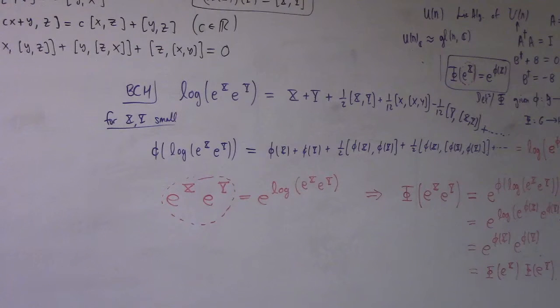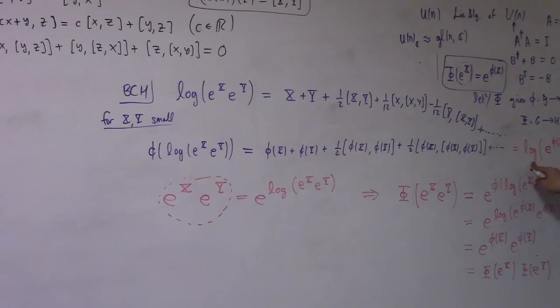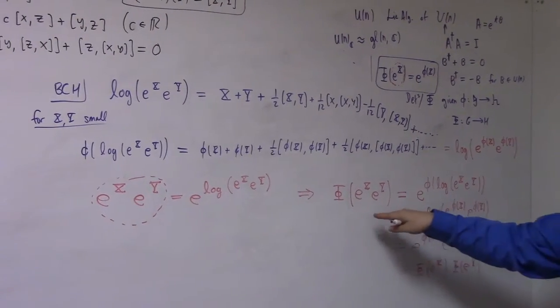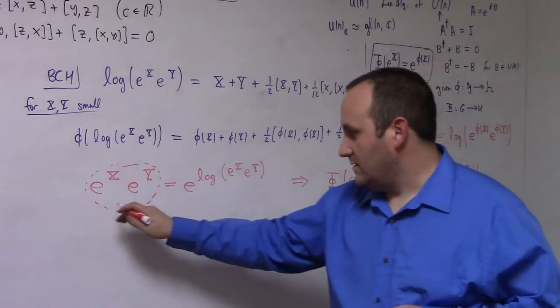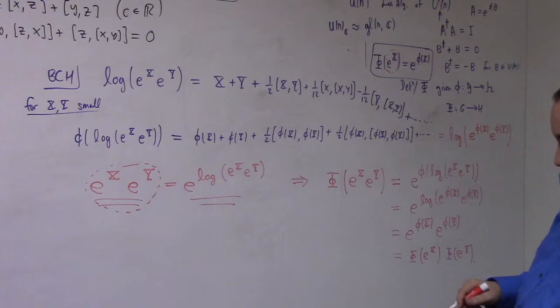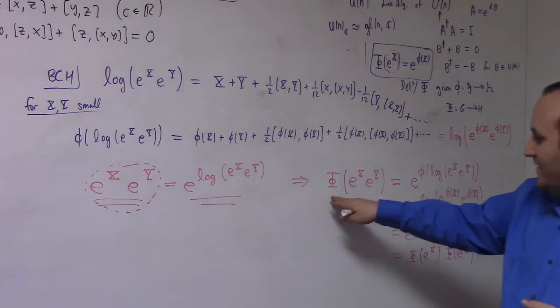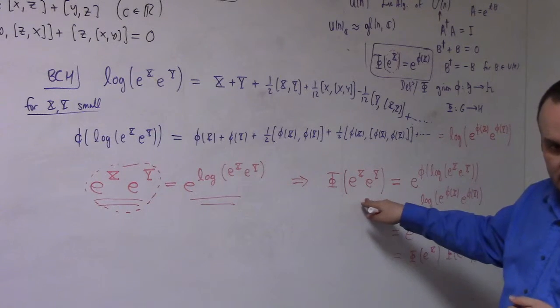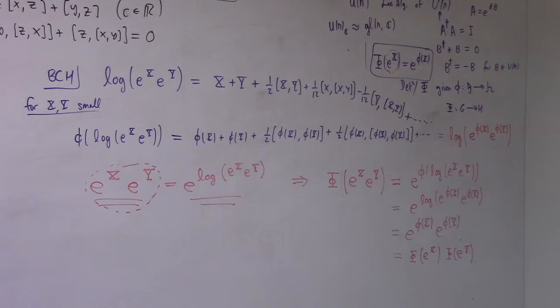Well, in the top line, where does that log come from? When you go from big phi to little phi. Well, this here, no, the one line below that. Yeah, where does that log come from? It's because this is equal to that. So shouldn't it be e to the log of that? But it's big phi of that. Right, which then goes to e to the little phi of that.